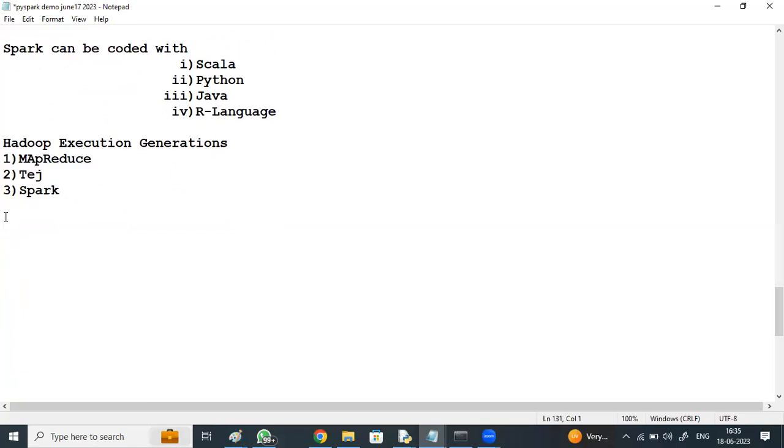If you compare Tez and Spark, both follow the DAG model, the directed acyclic graph model.